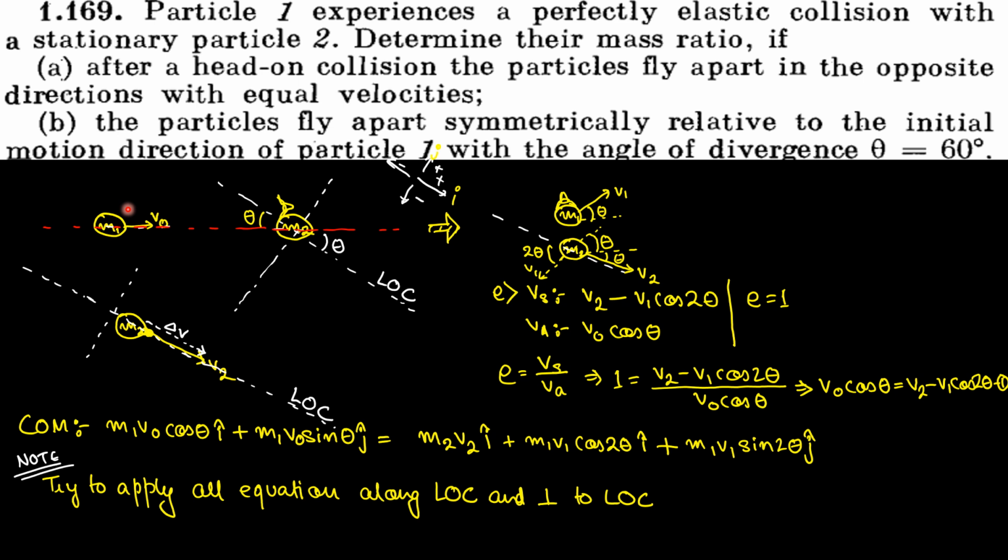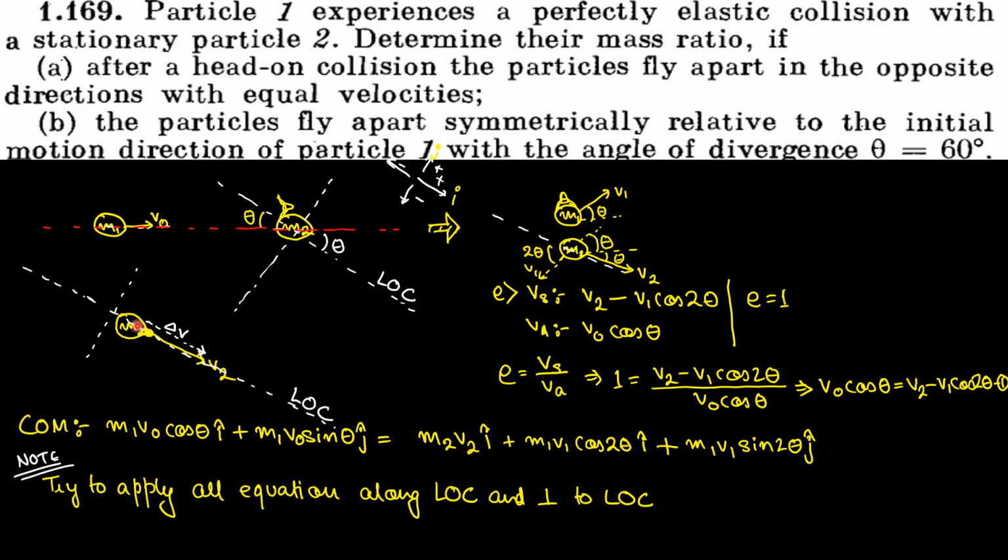That means m1 v naught sin theta j should be equal to m1 v1 sin 2 theta j, or the perpendicular component of velocity along this line should be equal to the perpendicular component of v1 along this line.